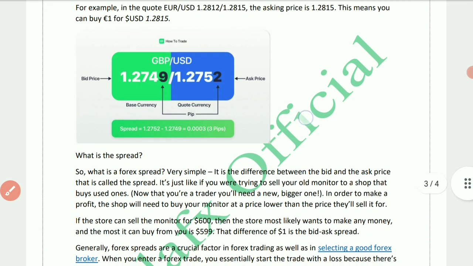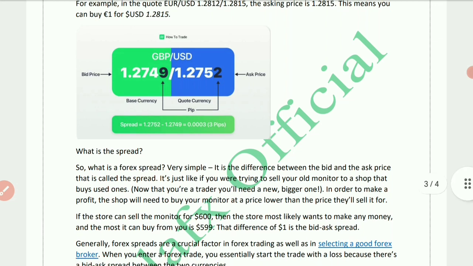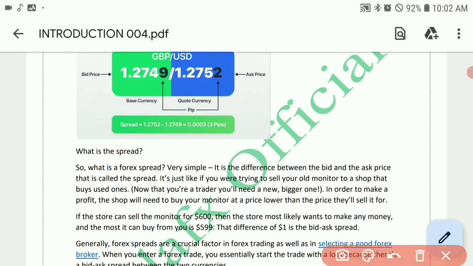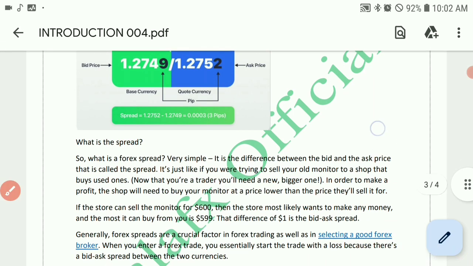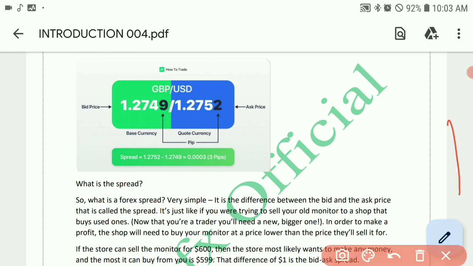So this image is an example. GBP USD. So this is an analogy. So this is what I mean.